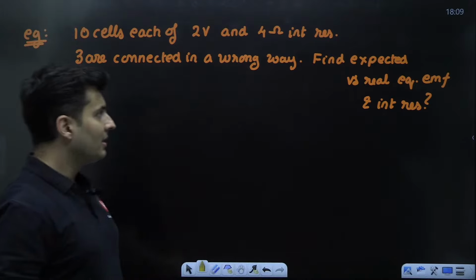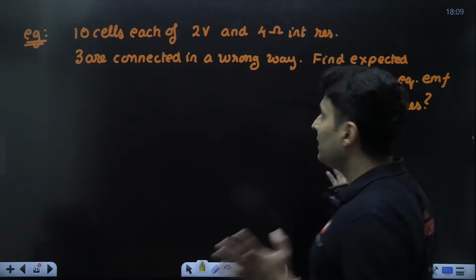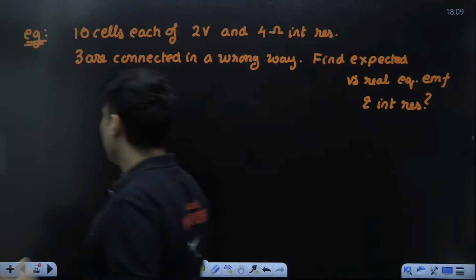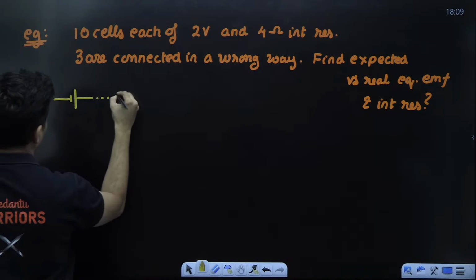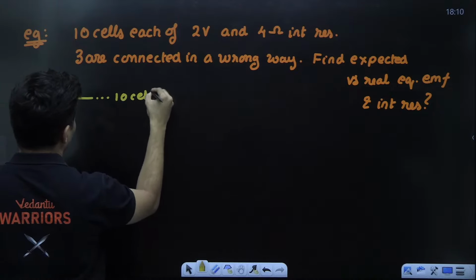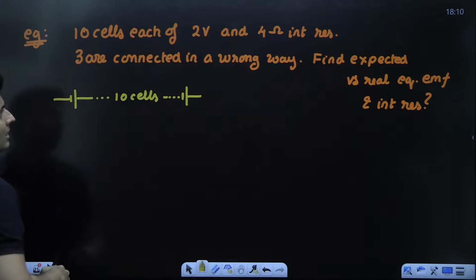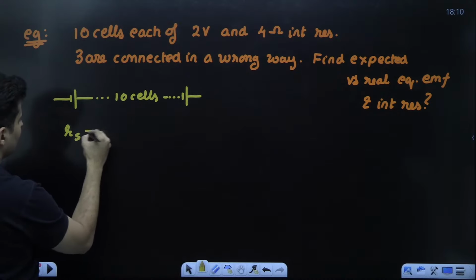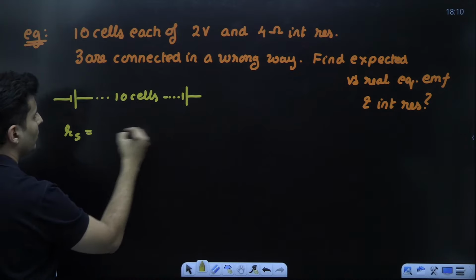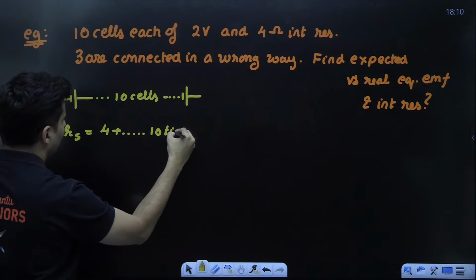Expected versus real. Now, expected is I have taken 10 batteries, one behind the other. All of them are connected in series. So the equivalent internal resistance in series will be R1 plus R2 plus R3, so 4 plus 4 plus 4, like that, 10 number of times.